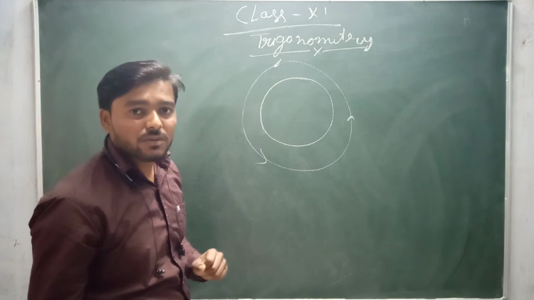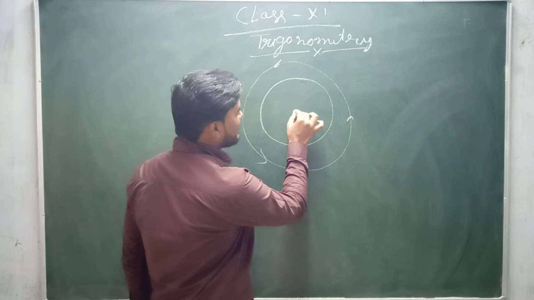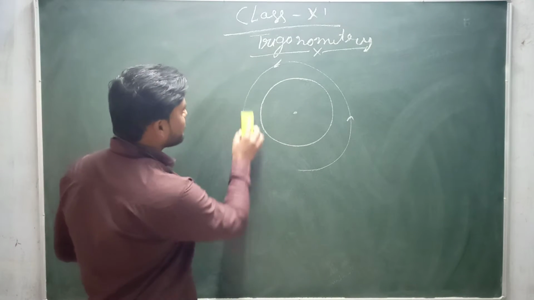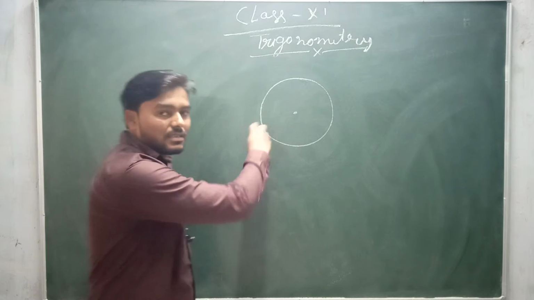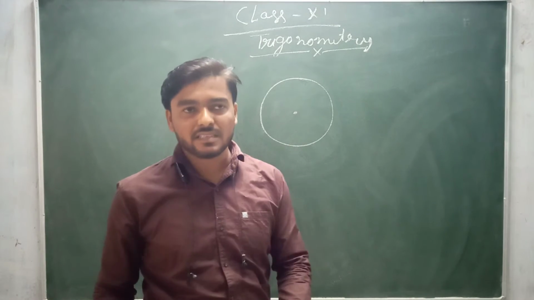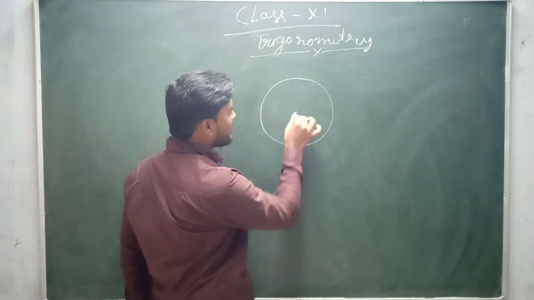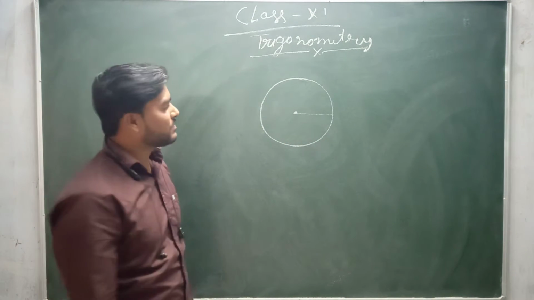How many degrees in a revolution? That is 360 degree. Let's suppose this is the center of a circular tire, watch or anything. Then this is a starting point.